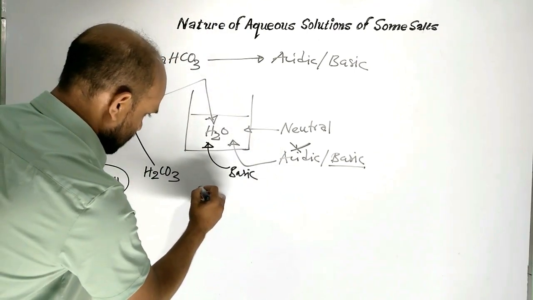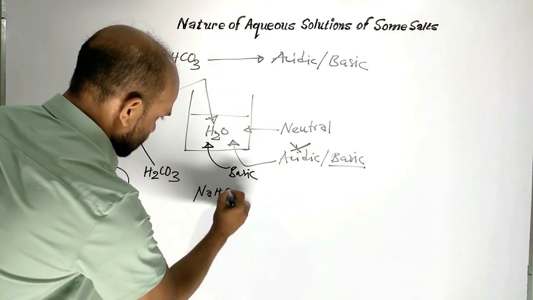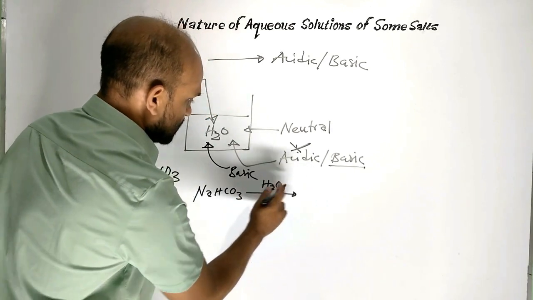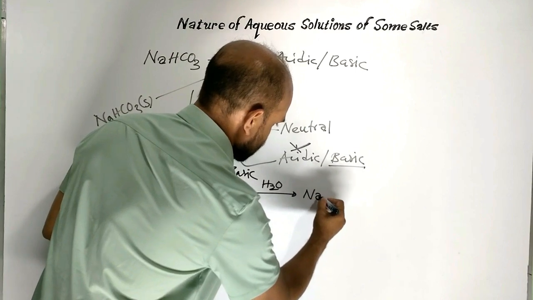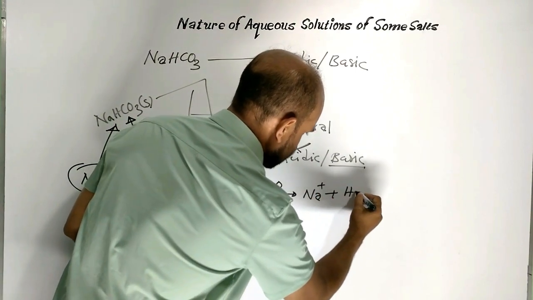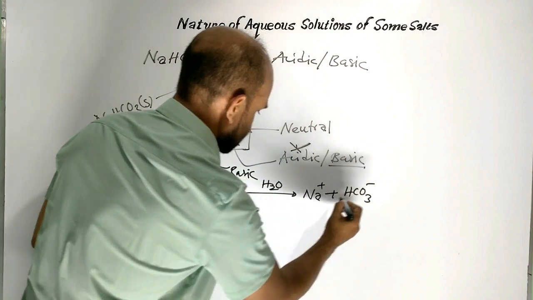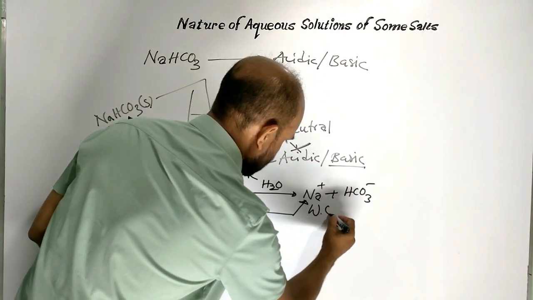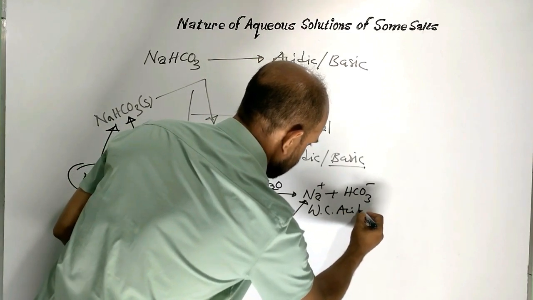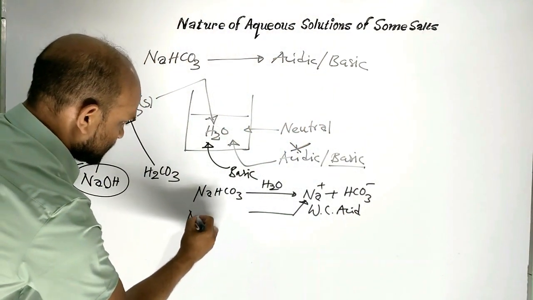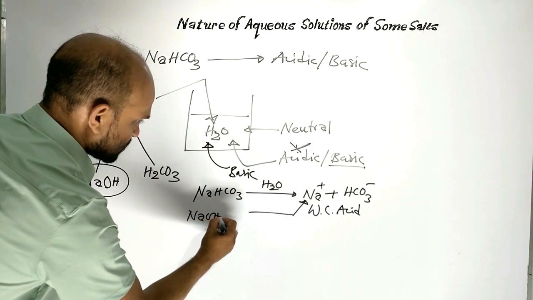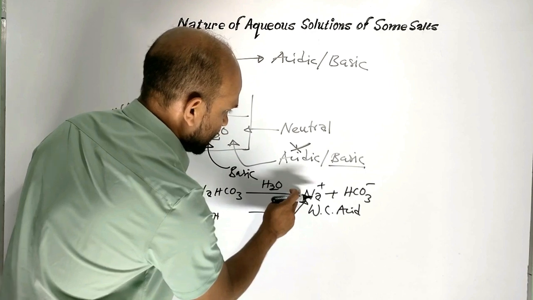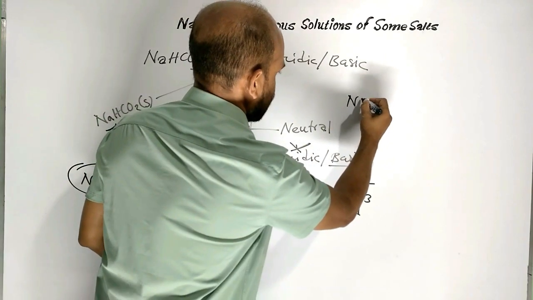Again, when sodium bicarbonate is dissolved in water, it ionizes to sodium ion and bicarbonate ion. Sodium ion is a weak conjugate acid of strong base sodium hydroxide. As it is a weak conjugate acid, it remains hydrated only, like this.